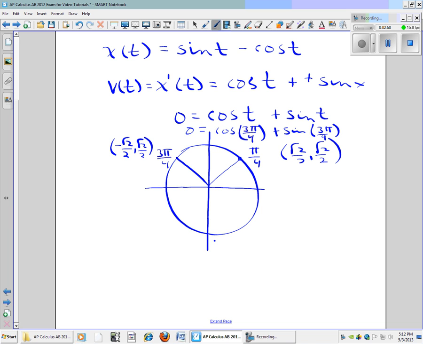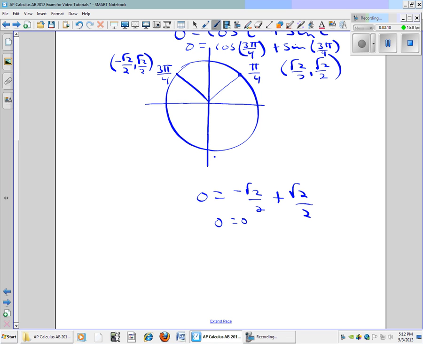Because the cosine of 3 pi over 4 would be negative square root of 2 over 2, and the sine of 3 pi over 4 would be the square root of 2 over 2. And opposites would give us 0. So that's what we were looking for. Okay, so I found that my value is 3 pi over 4.